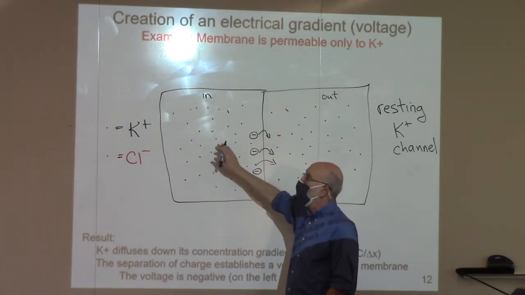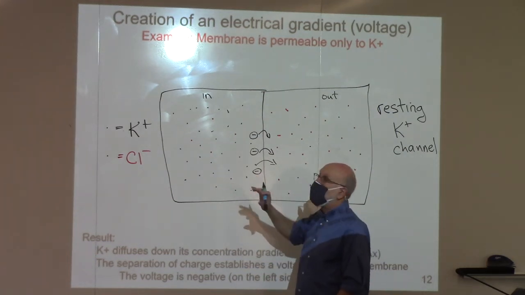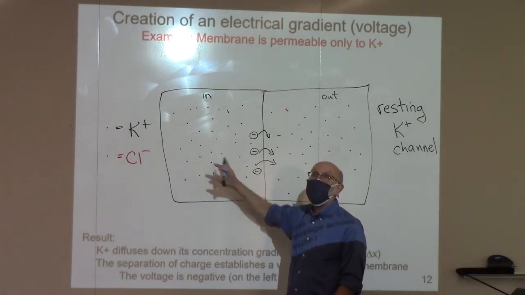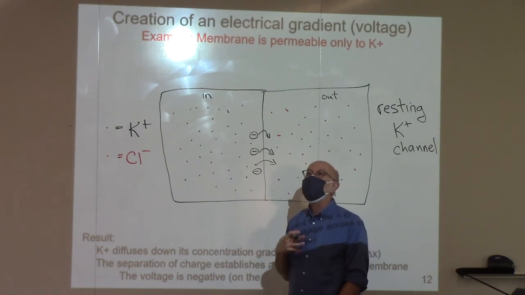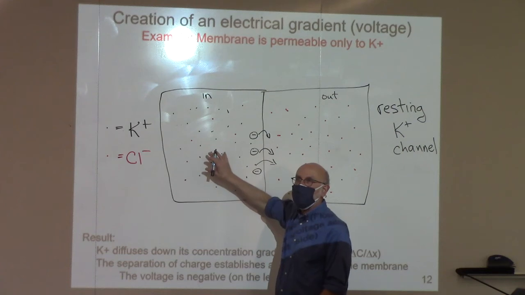There was more potassium, but there was an equal number of anions. Some of those anions were chloride, and some were negatively charged proteins or phosphate. So out here in bulk solution, it's neutral.